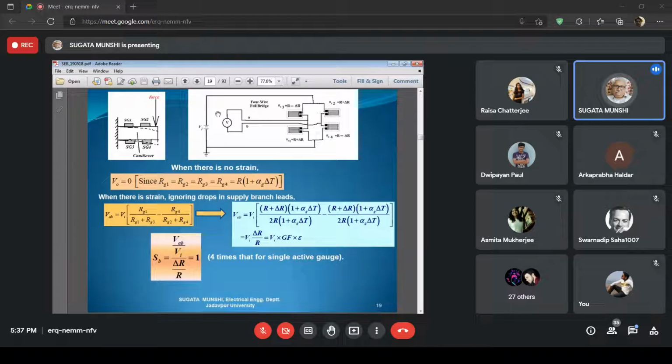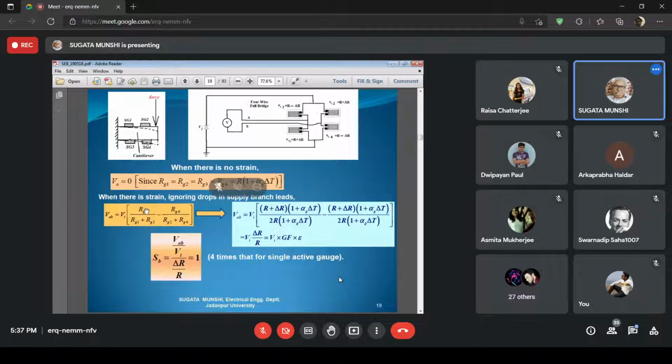You can use a buffer also, so as to eliminate the loading effect of the bridge circuit on the source. Therefore, what will happen to VAB, the voltage that the voltmeter is measuring? This will be the expression applying the potential divider rule: RG1 divided by RG1 plus RG3 minus RG4 divided by RG2 plus RG4.